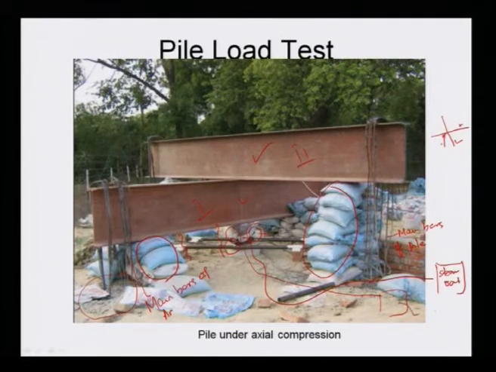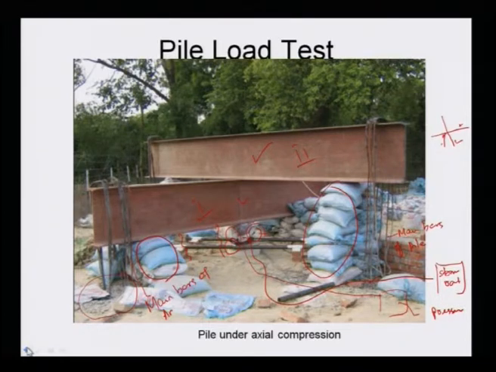Here you can apply pressure to this hydraulic jack. Suppose you apply a pressure intensity of 10 kg per cm square. Once you apply pressure, it will try to uplift the girder.